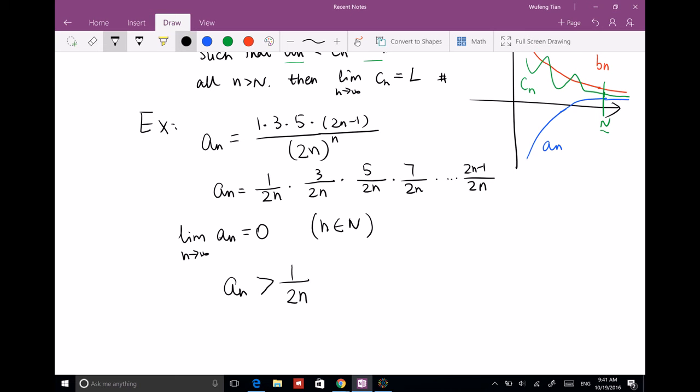Is a_n bigger than 1 over 2n? Compare a_n and 1 over 2n. Which one is bigger? What do you think?